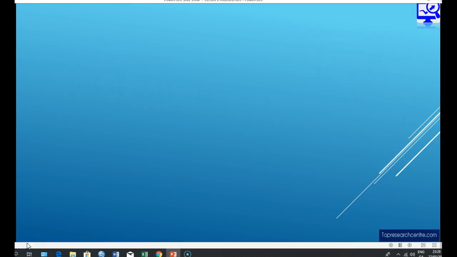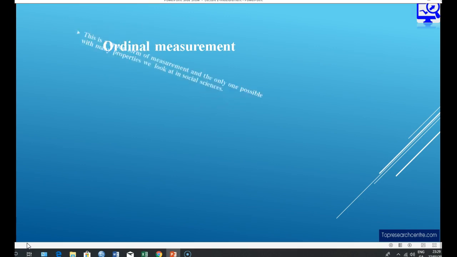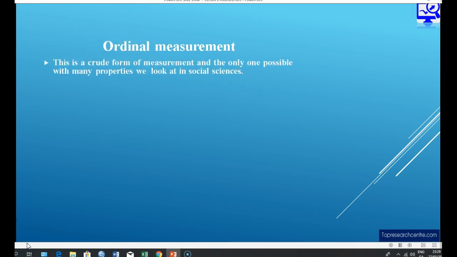The second level of measurement is ordinal scale. This is a crude form of measurement and the only one possible with many properties used in social sciences. So we have ordinal, which is a crude form of measurement.